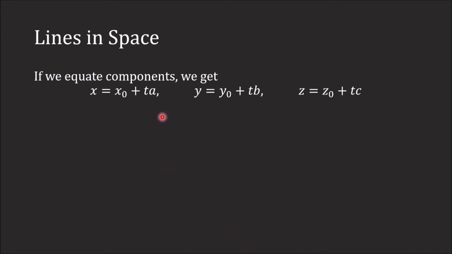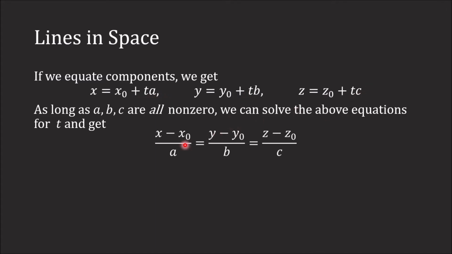If a, b, and c are not all 0, then we can solve these three equations, each for t, and set them equal to each other, which will give x minus x0 over a is equal to y minus y0 over b is equal to z minus z0 over c.